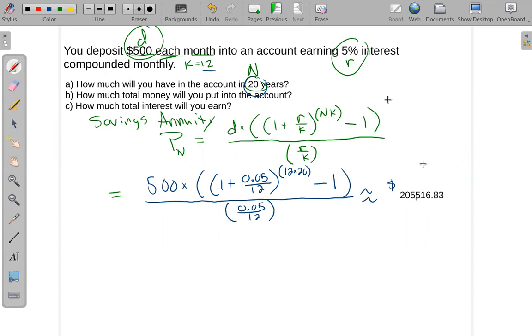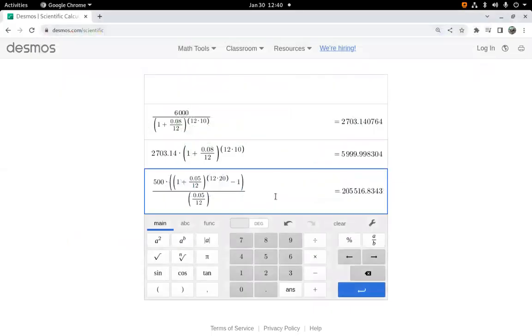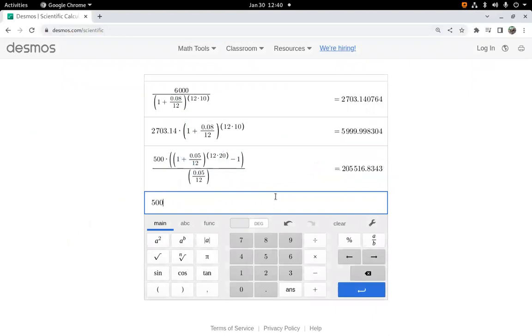Comma in there. Now, did we pay that much? Well, let's see how much we paid. So that's part A. To figure out how much we paid, well, we made $500 payments each month. So we're going to have $500 times 12 months. So that'd be 1 year's worth of payments. And we're doing that for 20 years. $500 times 12 times 20 means we paid in $120,000.